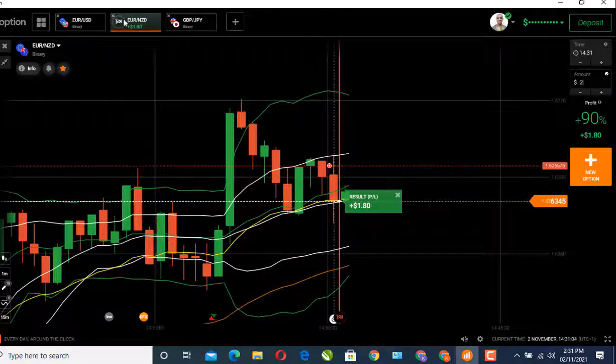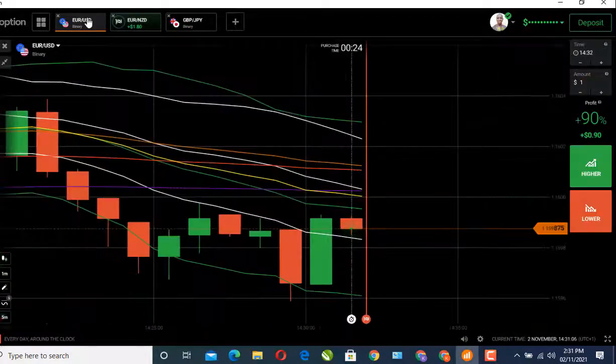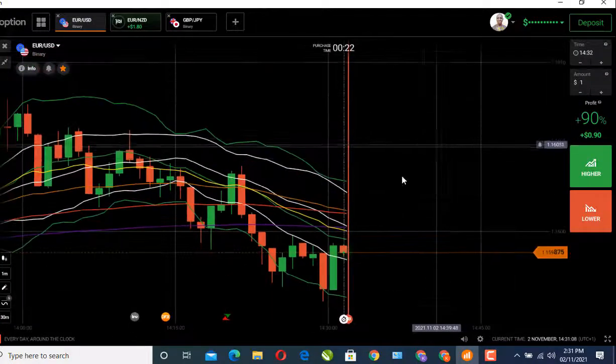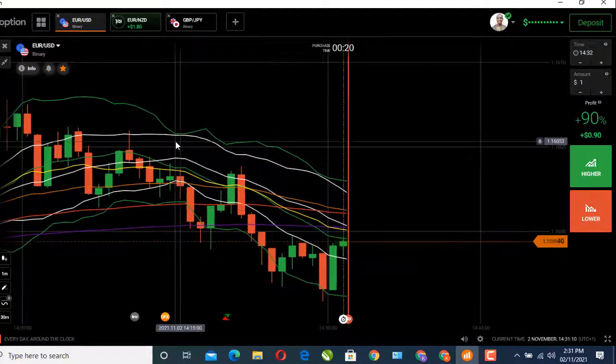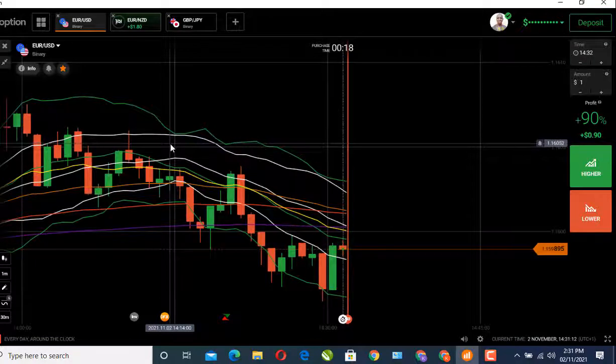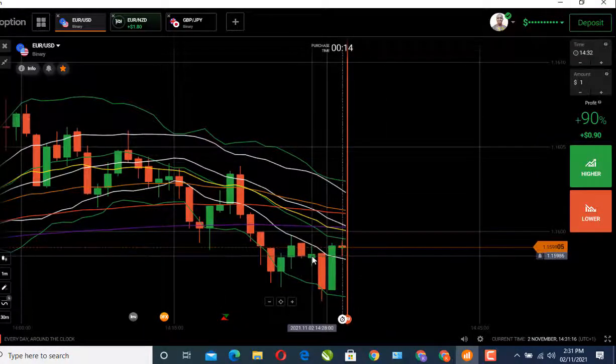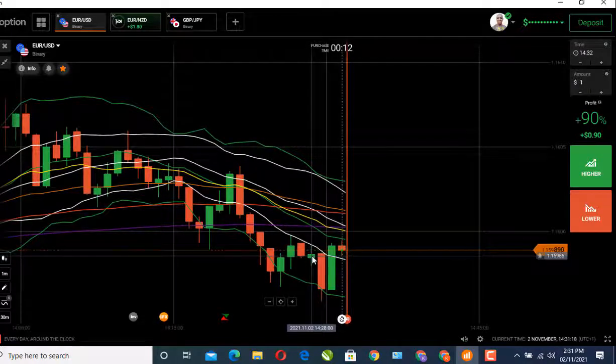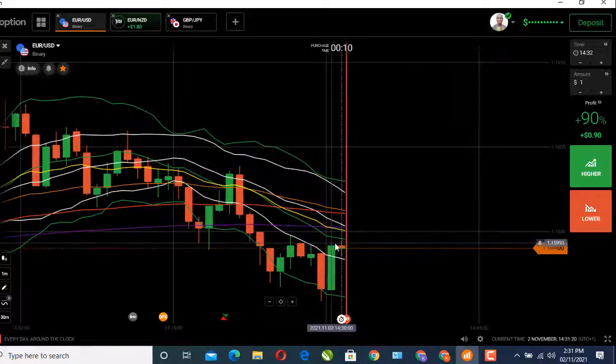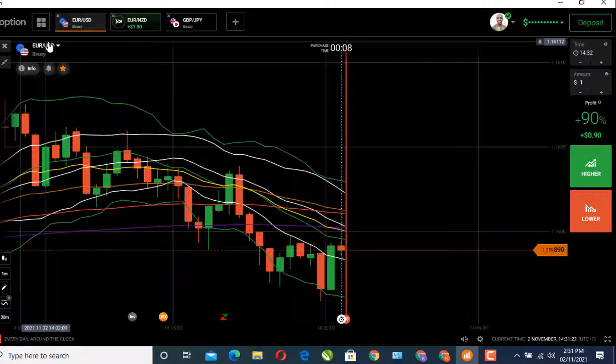So let's analyze another market. Here is a ranging market. And this is a ranging market, consolidation area. I will change.